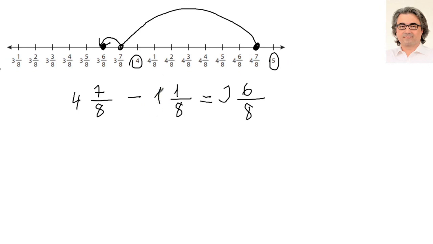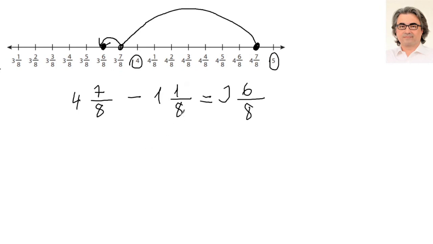If I go 1 unit to the left from 4 and 7 over 8, I should reach 3 and 7 over 8. The difference between them is 1 unit, exactly.